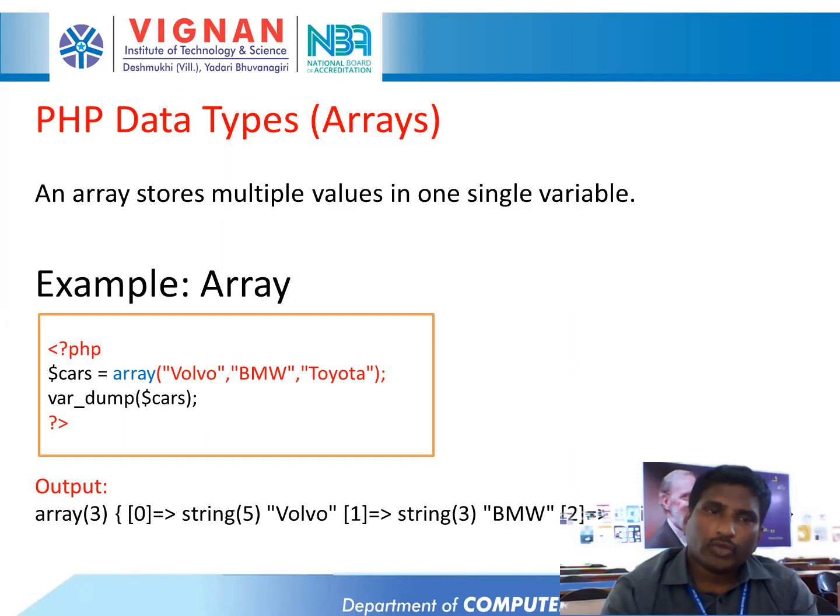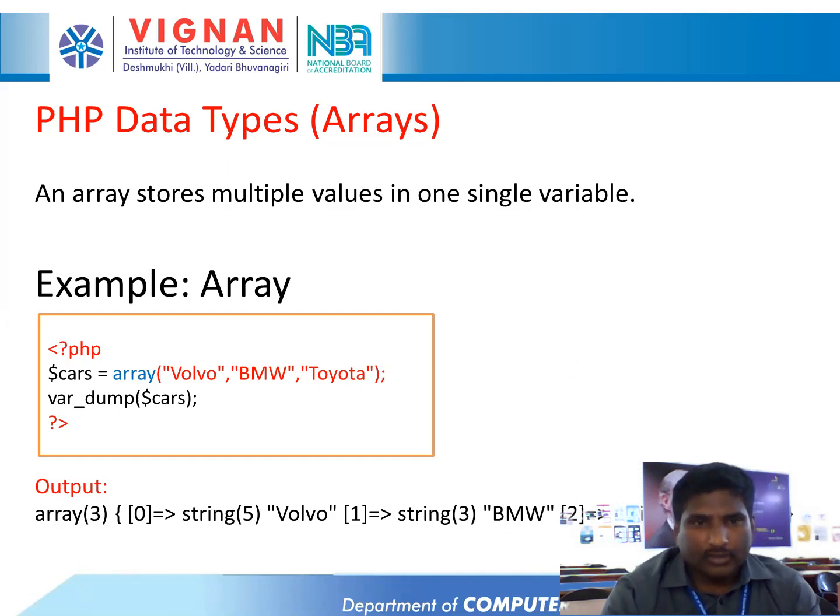In order to know the data type of cars, we are using var_dump. The output of this code is array, because the length of the array is 3. Index 0 points to a string, the initial string Volvo, which has 5 letters, so the length is 5.